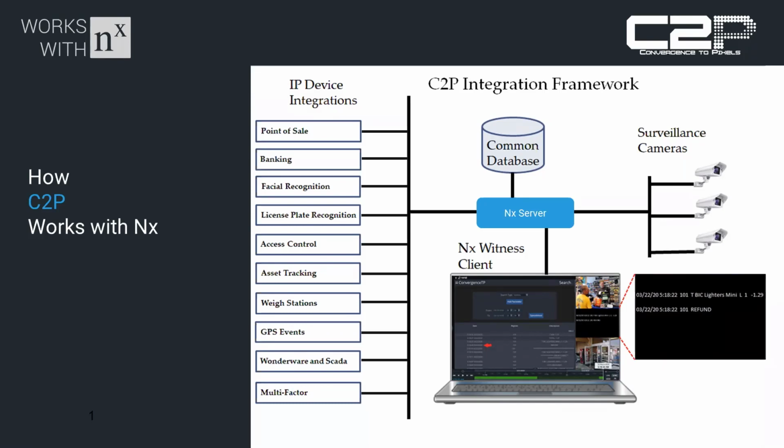That's fine. That's good. So as soon as we get the data, we do two things. We write it to the database, and then we also create a camera stream that we write to the NX server, which then makes it available to the client. So anybody with a client and credentials now has access to that data stream.